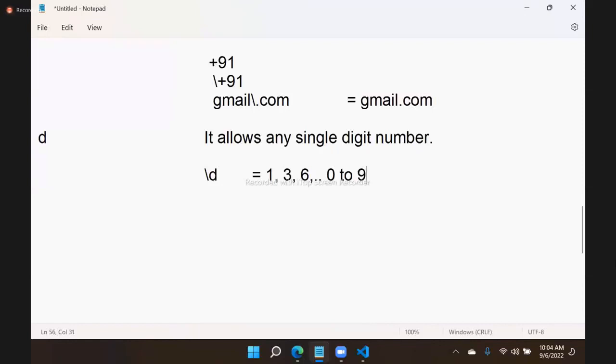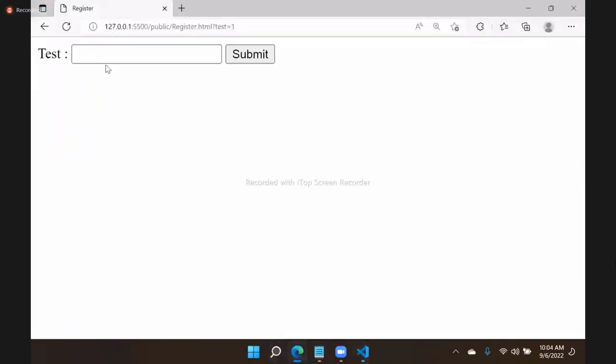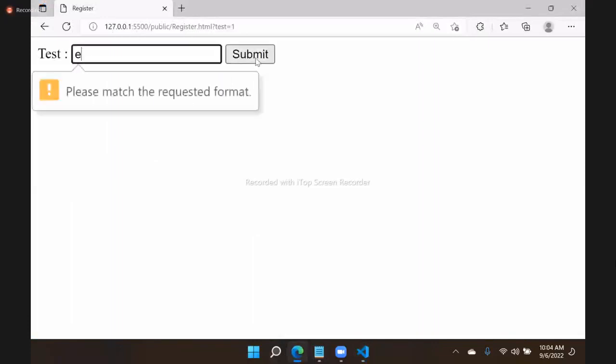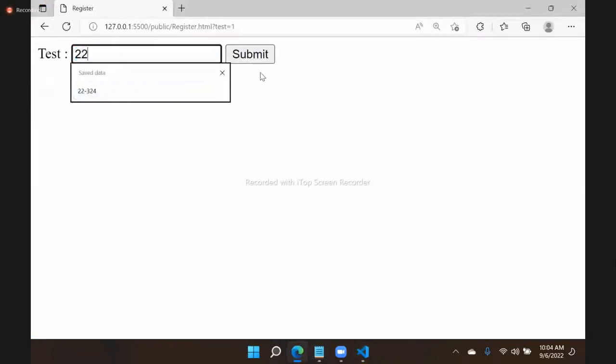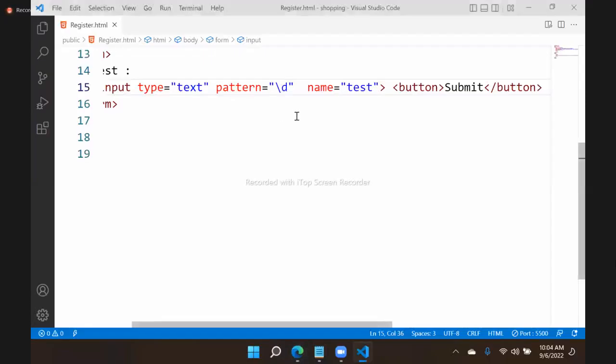Very important here, suppose I am typing E here and submit. It's not allowed. I want to allow 2 digit numbers. For a 2 digit number you have to use slash D again.